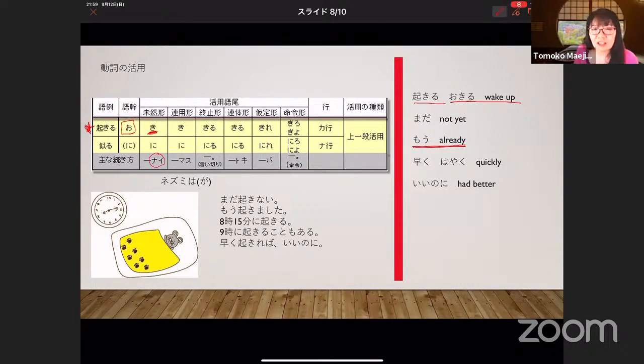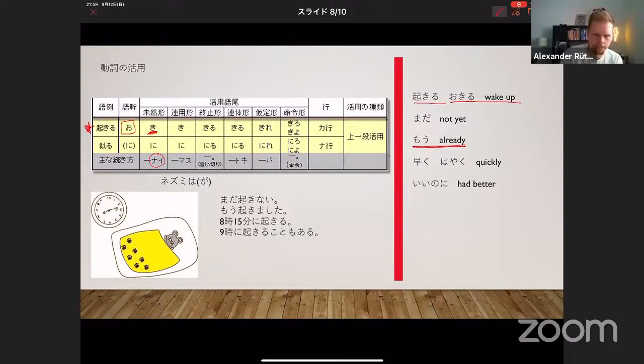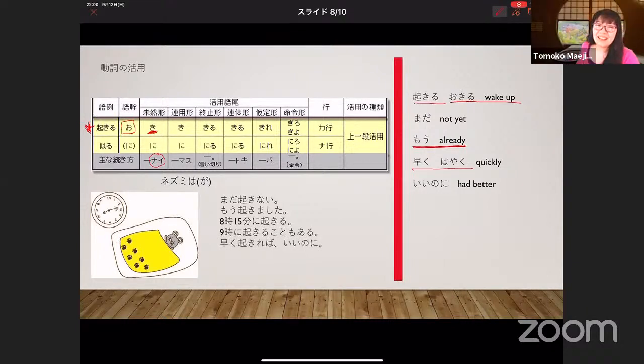Had better, いいのに. So, 彼は早く起きればいいのに. Very nice.